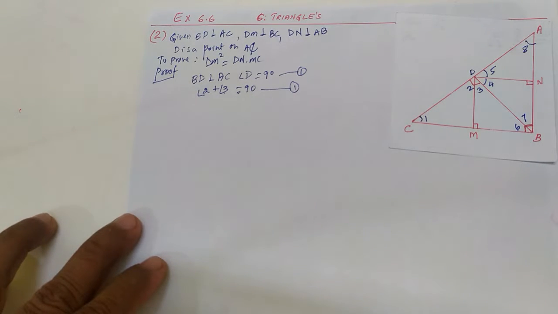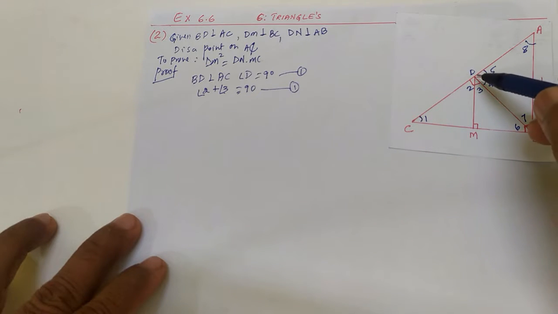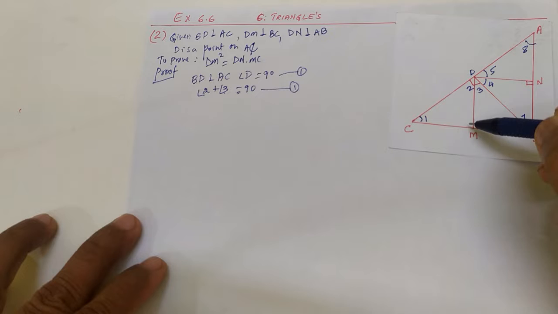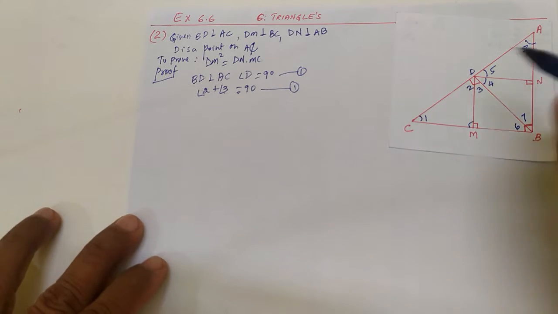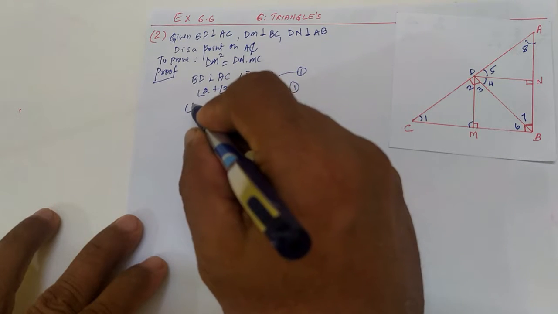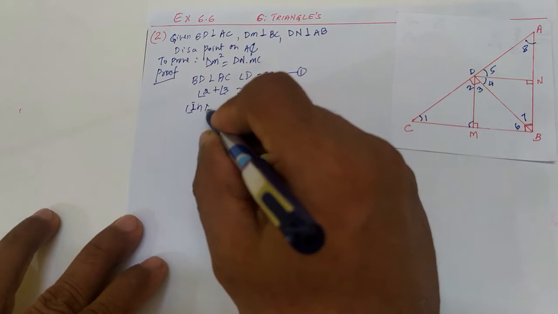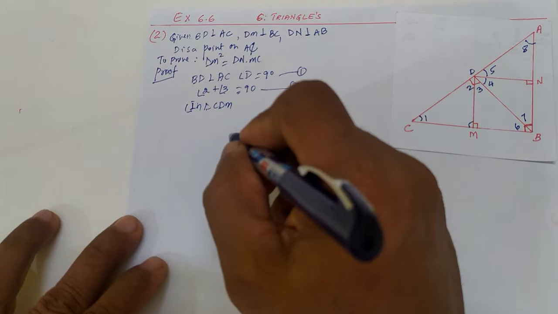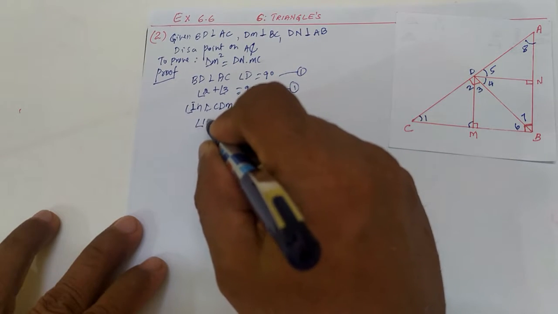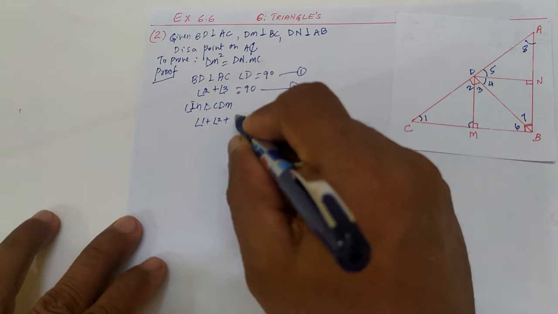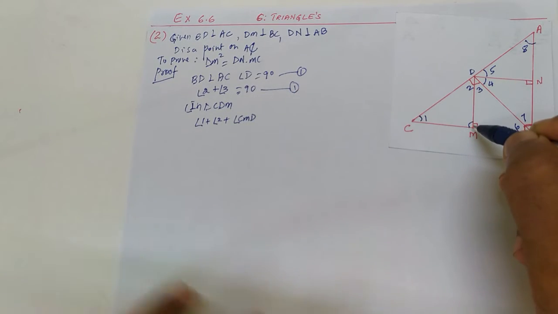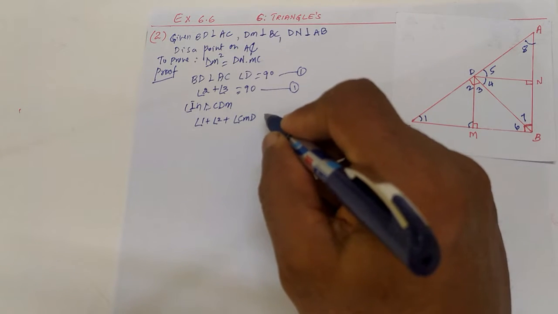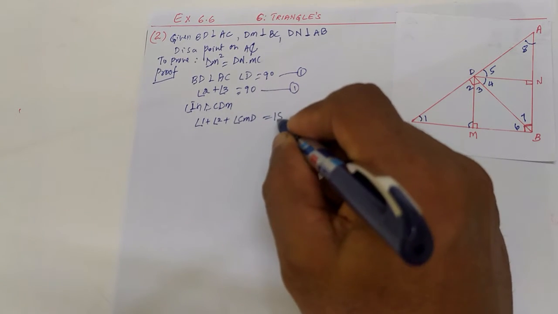And in triangle CDM, we will take this triangle. So angle M and angle 1 and 2 will be 180. So in triangle CDM, angle 1 plus angle 2 plus angle CMD is 180.